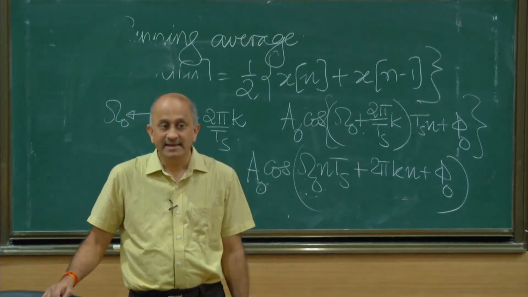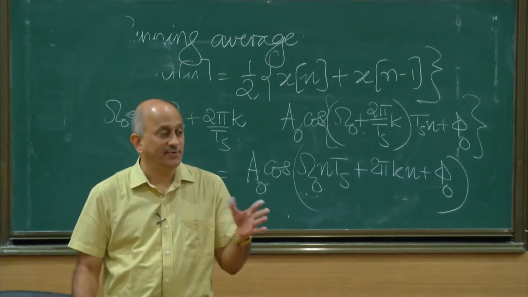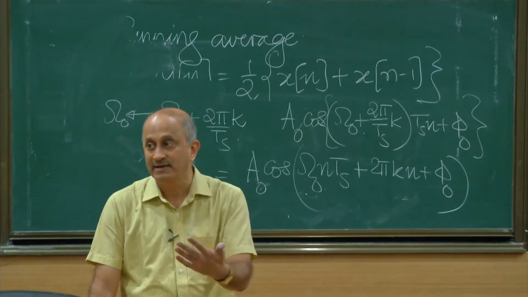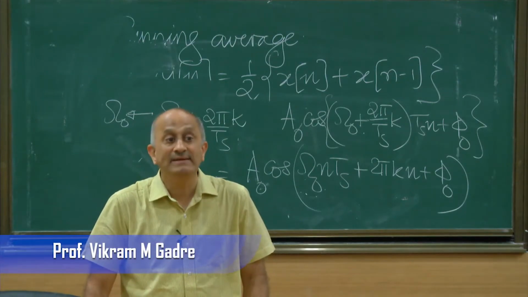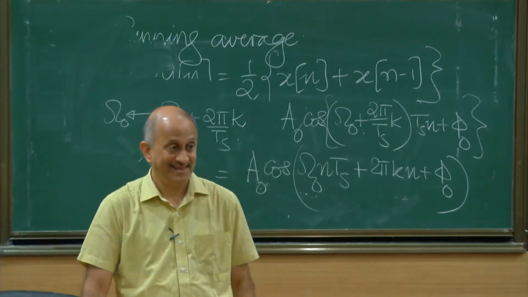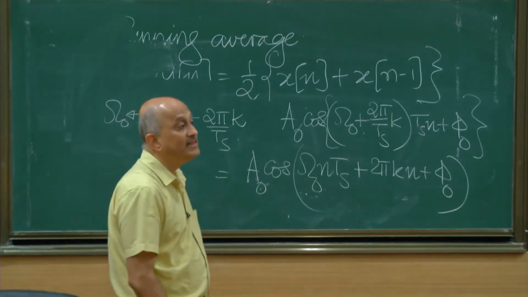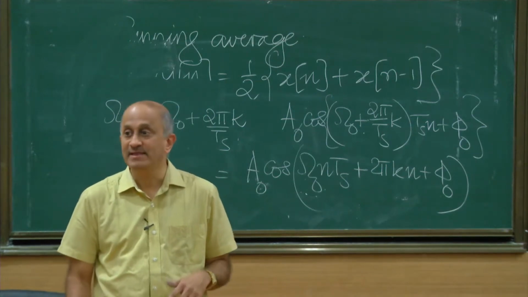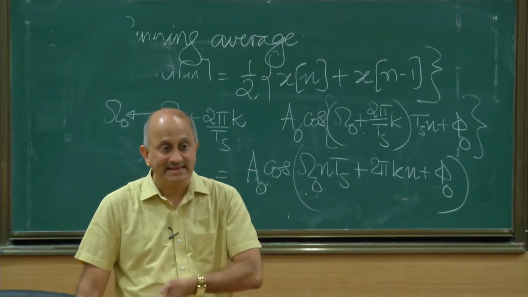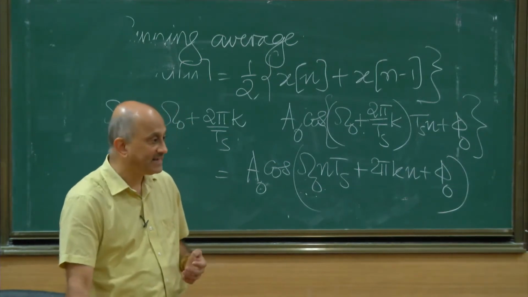Is that right? That means that we cannot distinguish. If you look at this sequence x of n, you cannot distinguish between the frequency omega naught and the frequency omega naught plus any multiple of 2 pi by Ts. That is the angular frequency of sampling. The frequency of sampling is 1 by Ts, and the angular frequency of sampling is 2 pi times that frequency, so 2 pi times 1 by Ts.